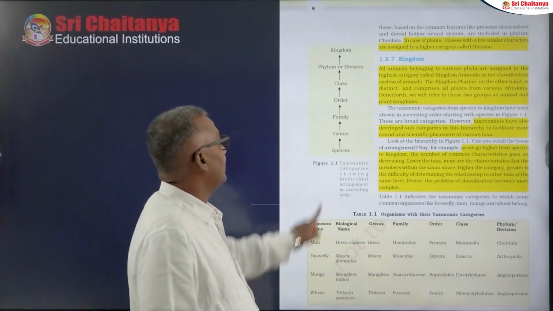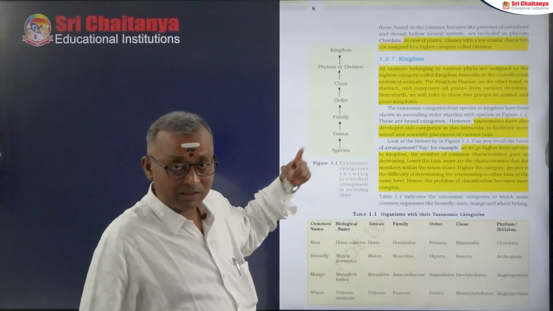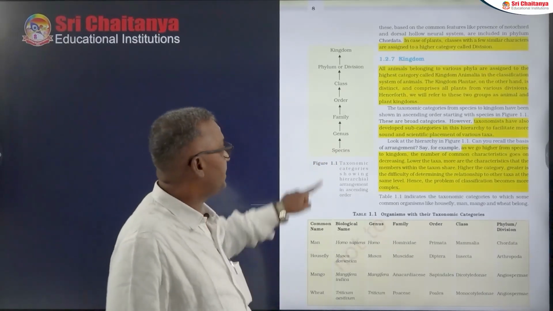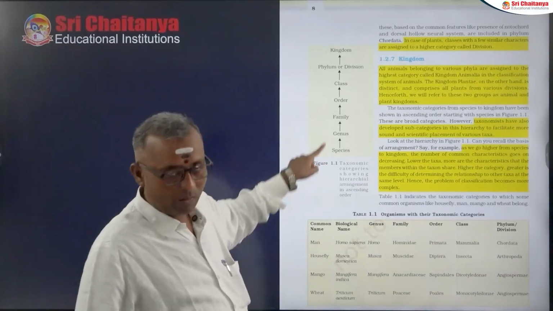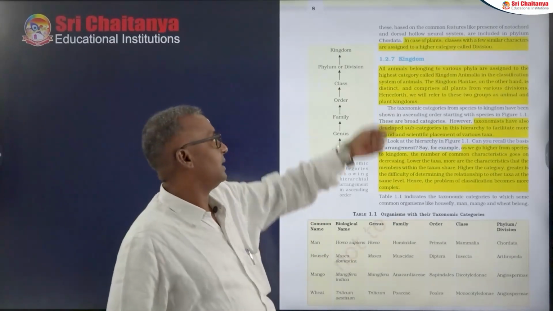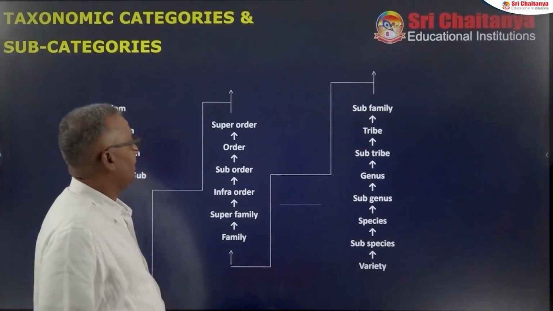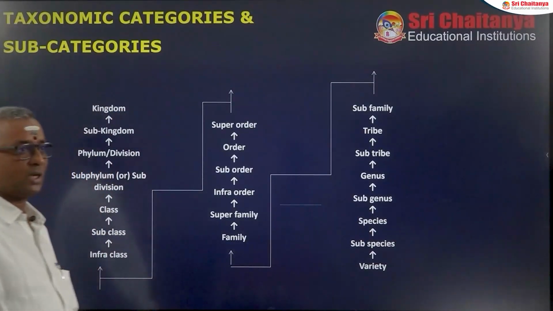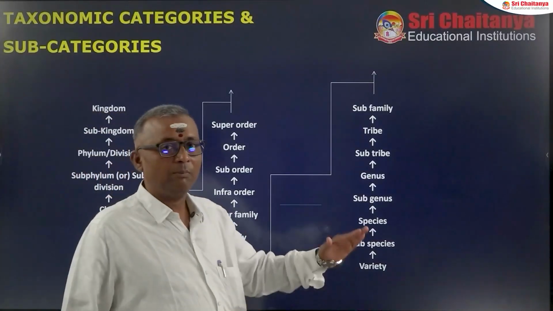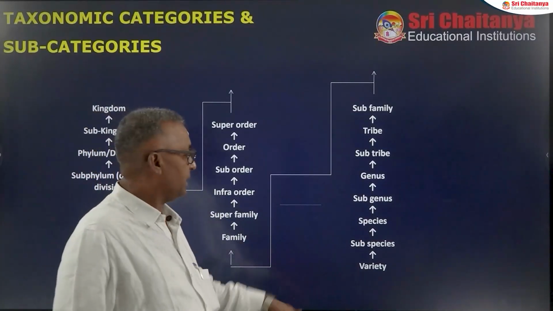That means a species is divided into subspecies, genus into subgenus, family into subfamily, order into suborder, class into subclass, division into subdivision, and kingdom into subkingdom. Let me show a flow chart about the various kinds of subcategories present in each category.